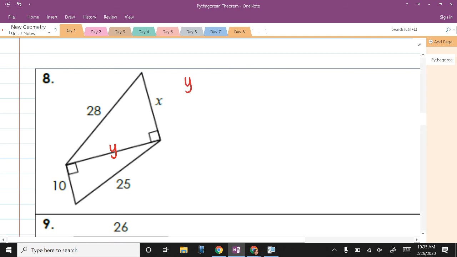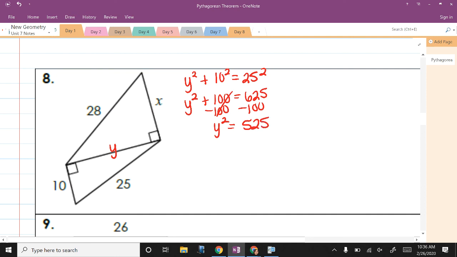So for the bottom triangle, y squared plus what's the other leg in the bottom triangle? 10 squared equals 25 squared. What's y squared? Oh, we don't know y squared. What's 10 squared? 100 equals what's 25 squared? And I subtract 100. So y squared equals 525, right?